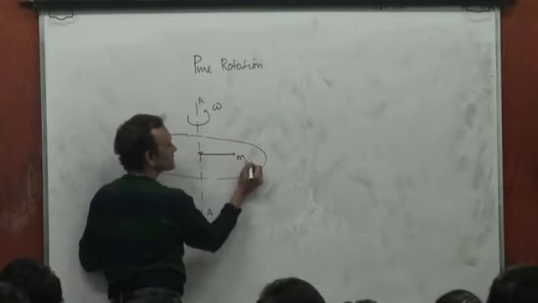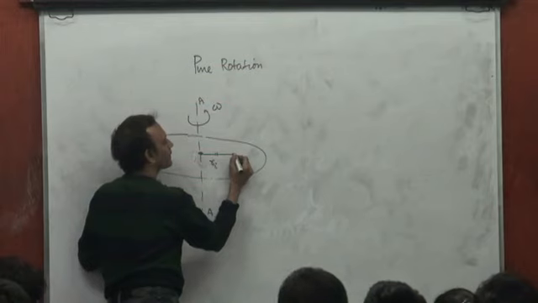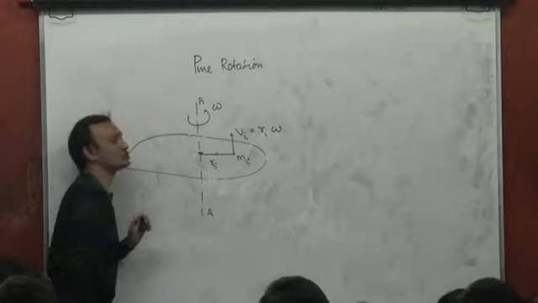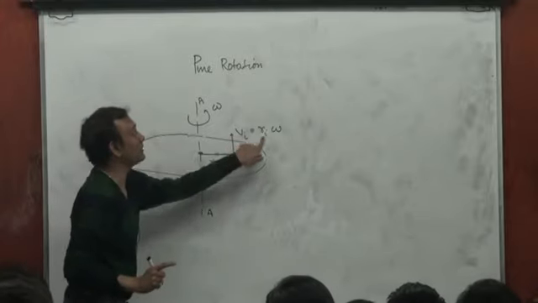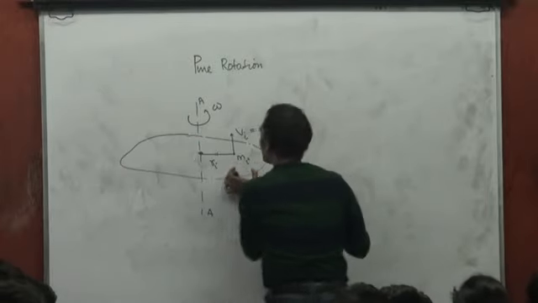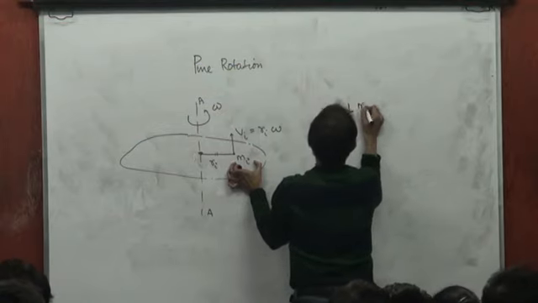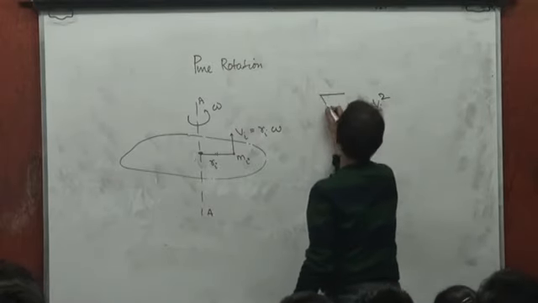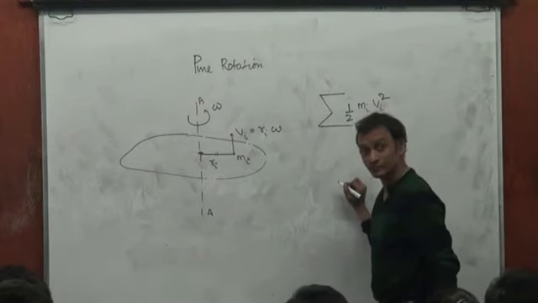Look at a particle of mass m_i located at a distance r_i. It will have a tangential velocity v_i, which is r_i omega, because all particles have the same omega. But v_i's will be different for different particles because r_i's are in general different, right? Now, the kinetic energy because of m_i is half m_i v_i squared. The total kinetic energy would be the sum of all of this in pure rotation. Yes or no?